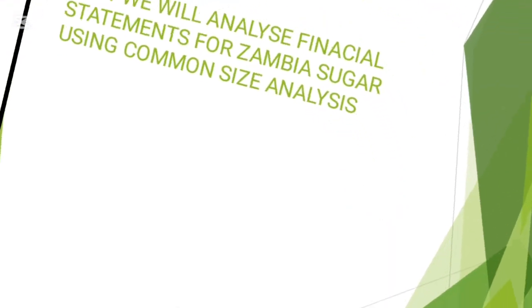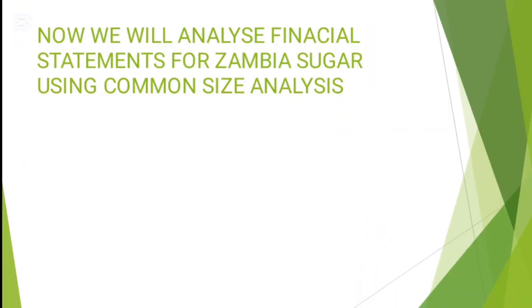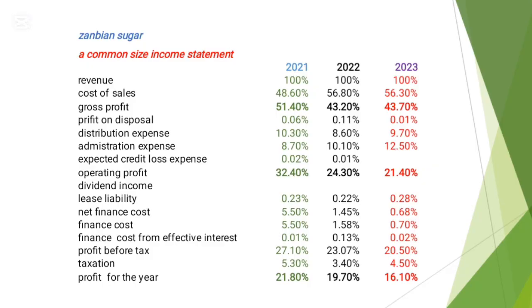Now I'm going to analyze this statement using the other tool for analyzing financial statements, which is the common size. I'm going to start by analyzing the statement of profit and loss. We can see that in the statement we were given from 2021 to 2023, the cost of sales was increasing from 48.6 in 2021 to 56.8 in 2022, and a slight decrease to 56.3 in 2023.